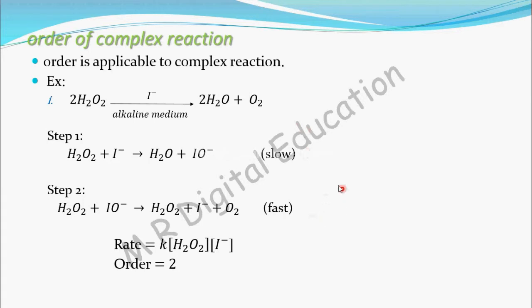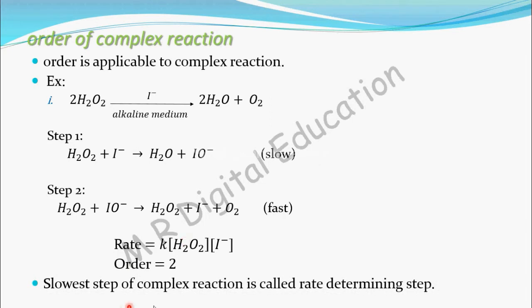So only the slowest step of the complex reaction is called the rate determining step, because rate is applicable to the slowest step, and from that rate law you can find the order of the reaction.